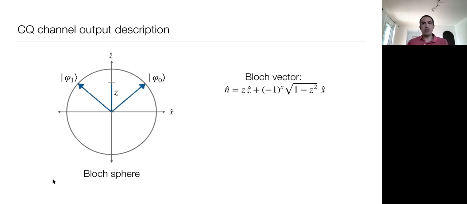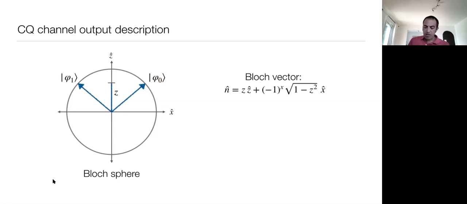You can just think of it as a qubit. There's only 2 pure states. And then a nice parameterization will just be the height of the z component of the Bloch vector, and whether it's pointing along the x direction or against it. That would be the bit value 0 and 1.